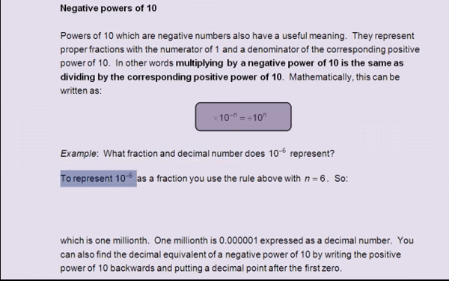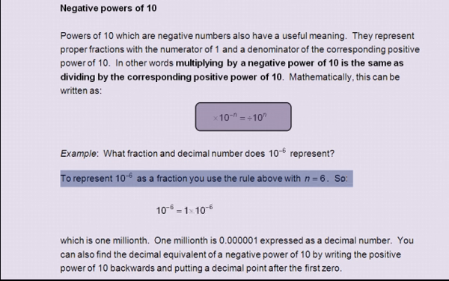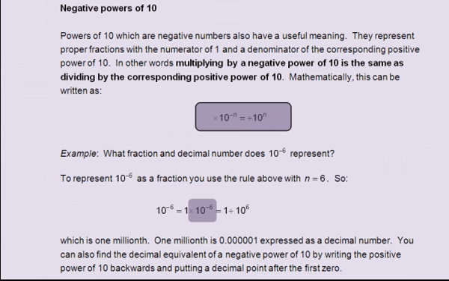To represent 10 to the power minus 6 as a fraction, you use the rule above with n equals 6. So 10 to the power minus 6 equals 1 times 10 to the power minus 6, which equals 1 divided by 10 to the 6, where we have replaced multiplying by 10 to the minus 6 with dividing by 10 to the power 6.